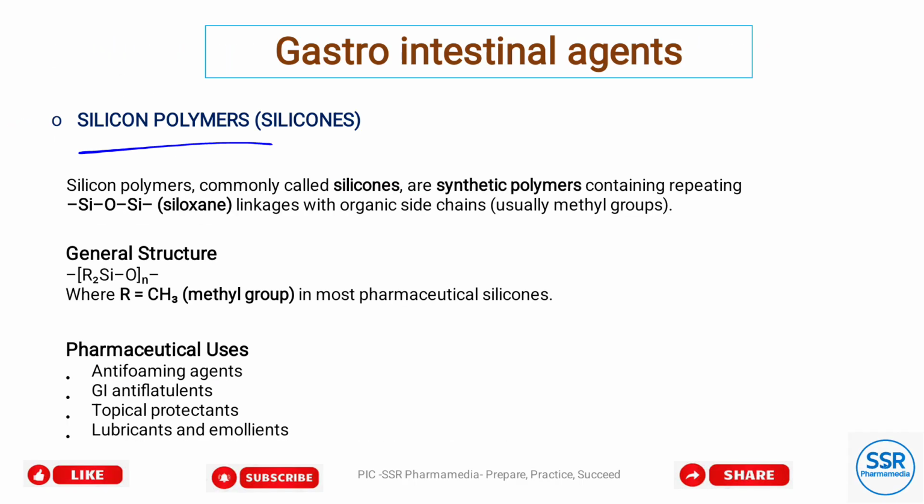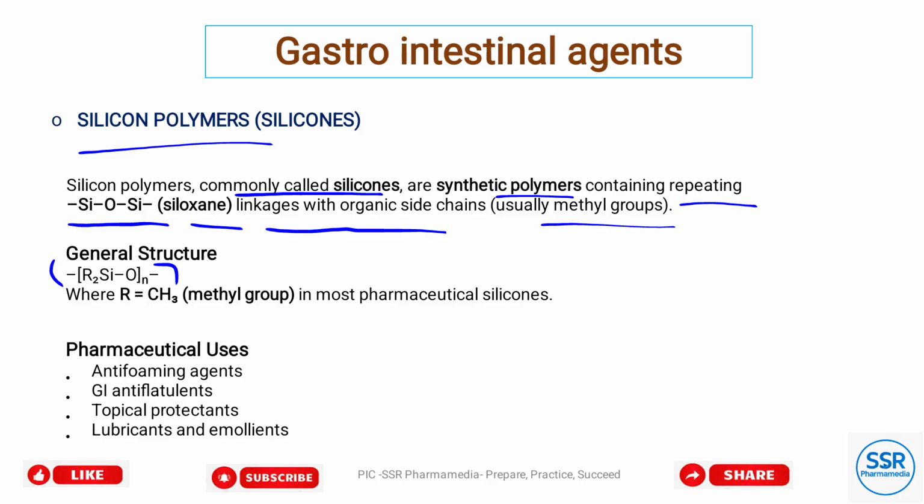Next is the silicone polymer, a type of adsorbent and protective agent. Silicone polymers, commonly called silicones, are synthetic polymers containing a repeating Si-O-Si siloxane linkage with organic side chains, usually methyl groups.